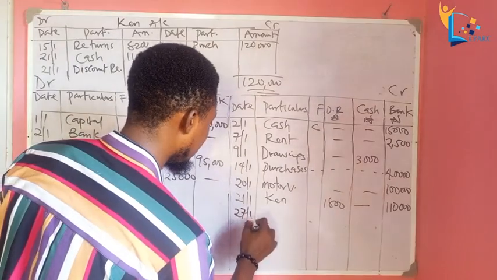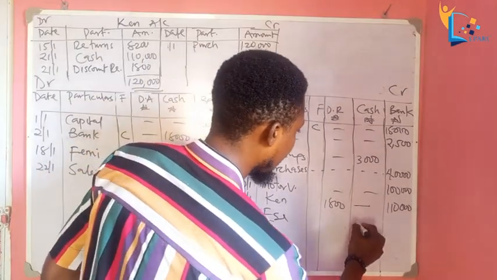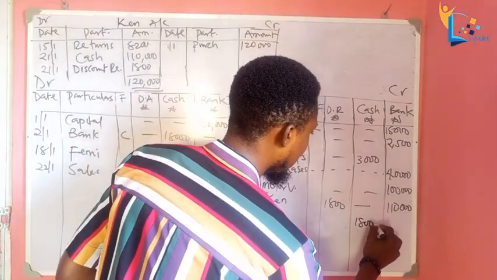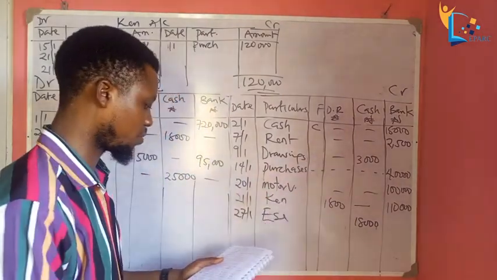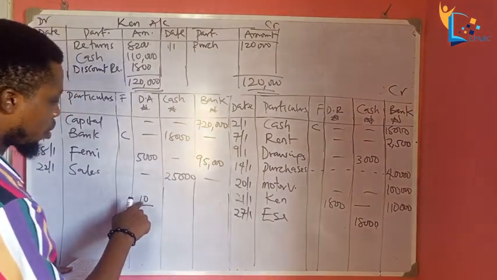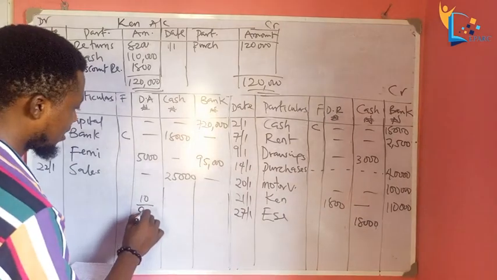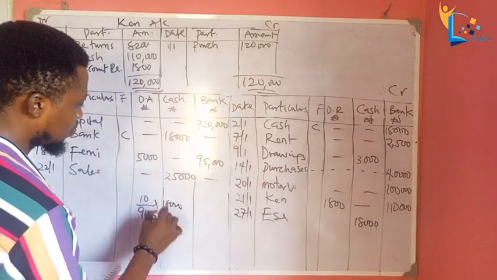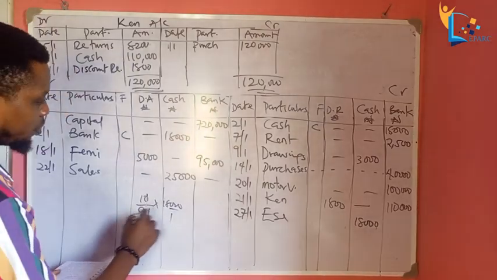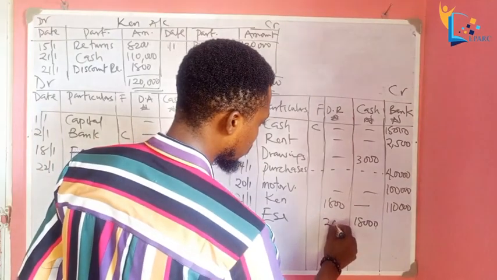Now what will be our discount receipt? This is how you solve it. You say 10%. When you remove 10 from 100, you are left with 90. Then 18,000 divided by 90 times 10 will give you 2,000. So our discount receipt is 2,000.